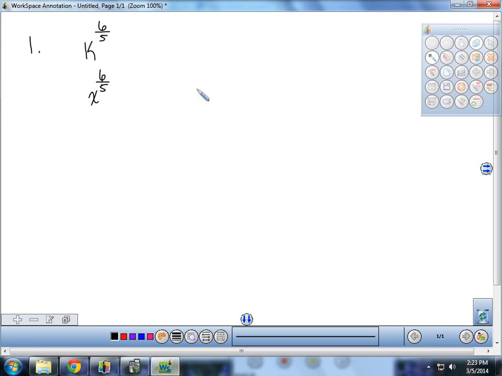So if we said 3 to the 6/5, you plug that in your calculator. And I'm not going to pull the calculator up, but if you do plug that into your calculator, you are going to get 3.737 roughly. This is what shows up on my calculator.